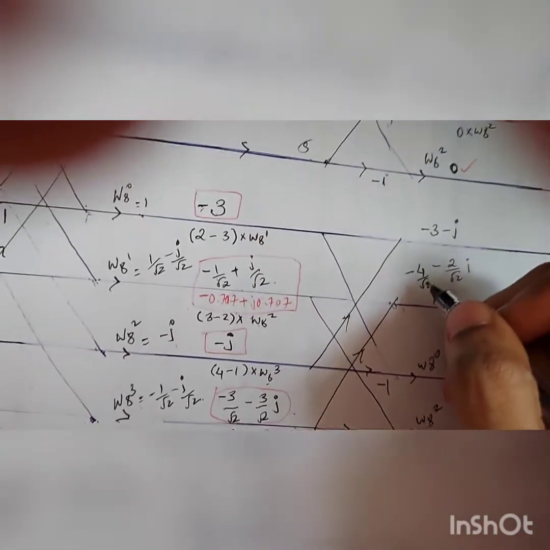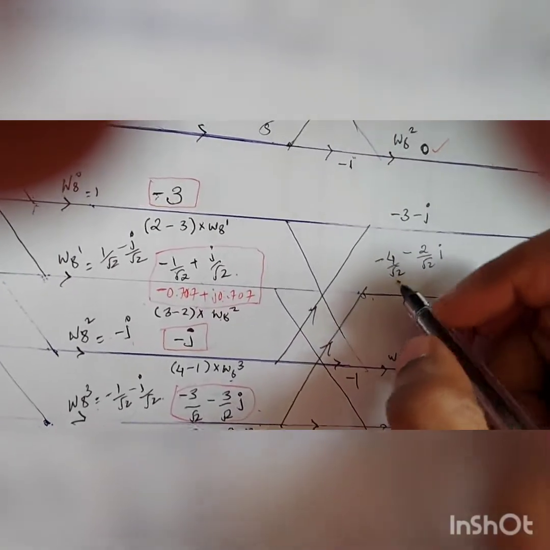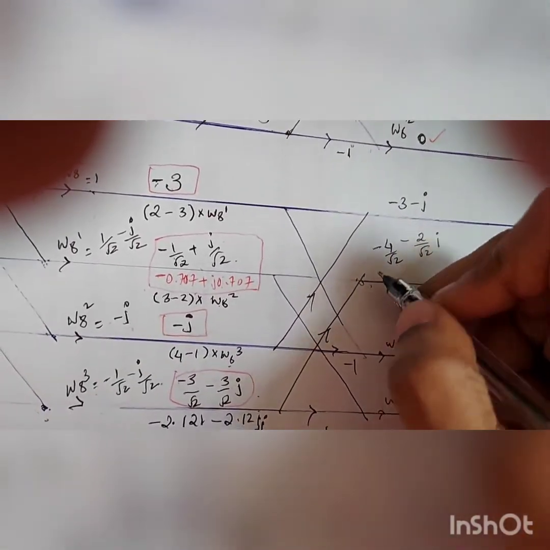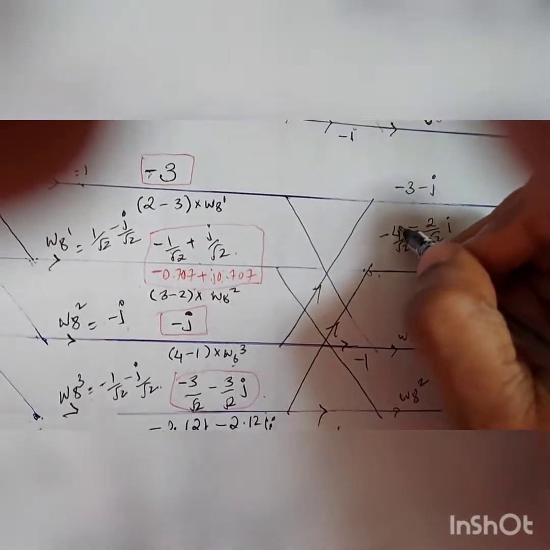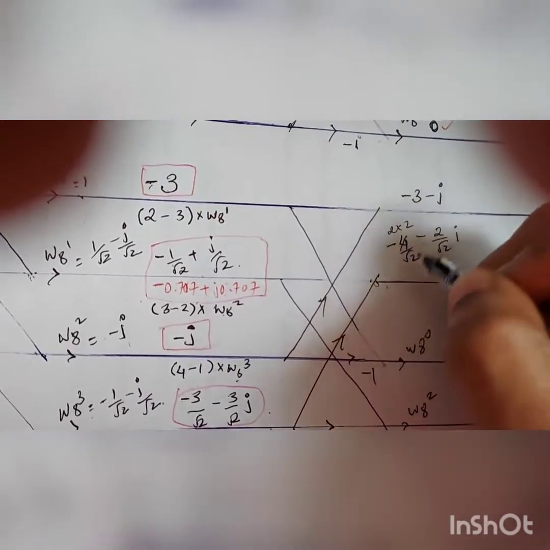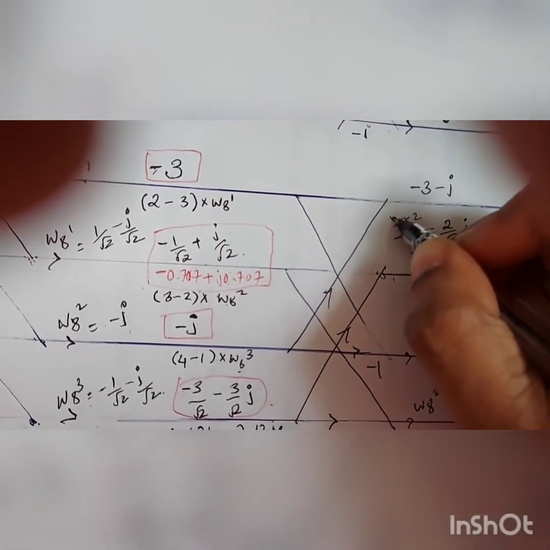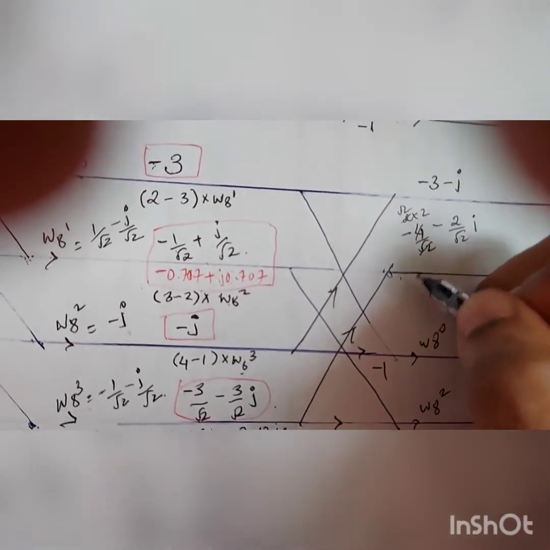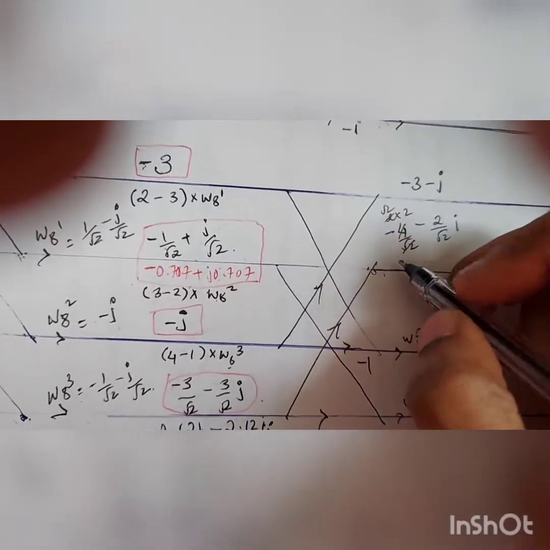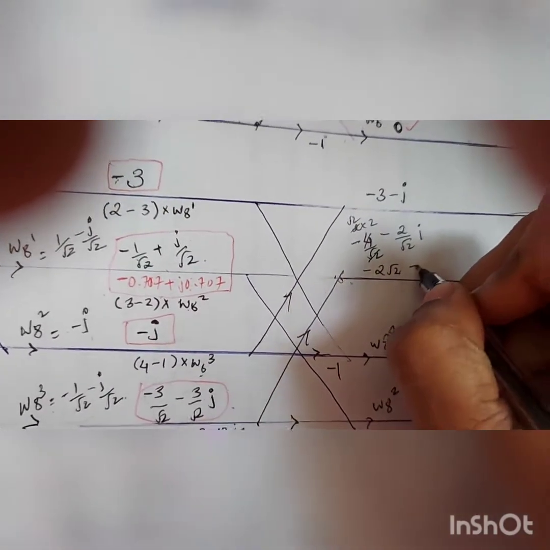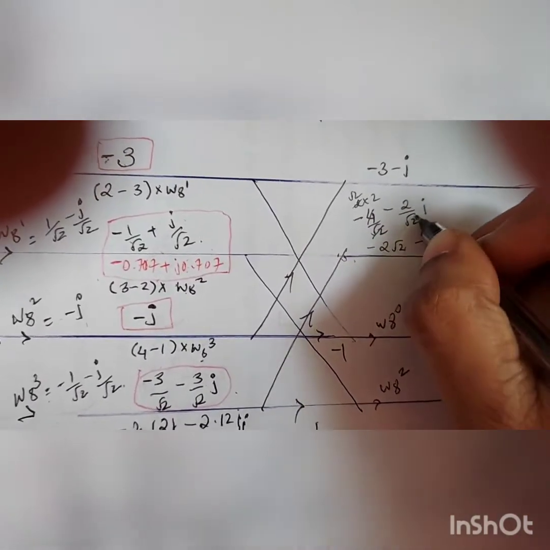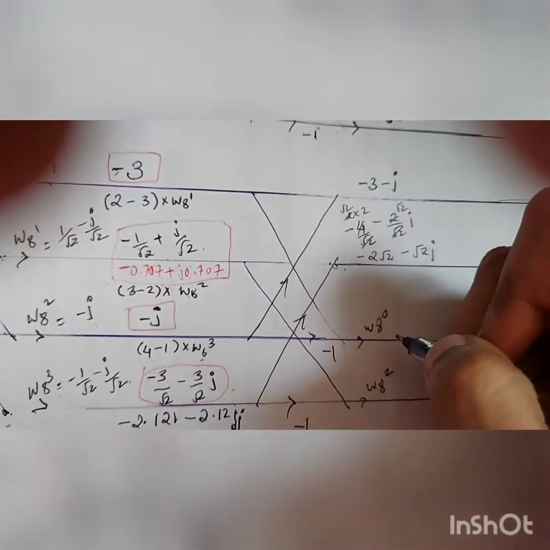You can cancel the root 2 and write 4 as 2 into 2, so one root 2 goes. So the value at this point is nothing but minus 2 root 2 minus root 2 j.